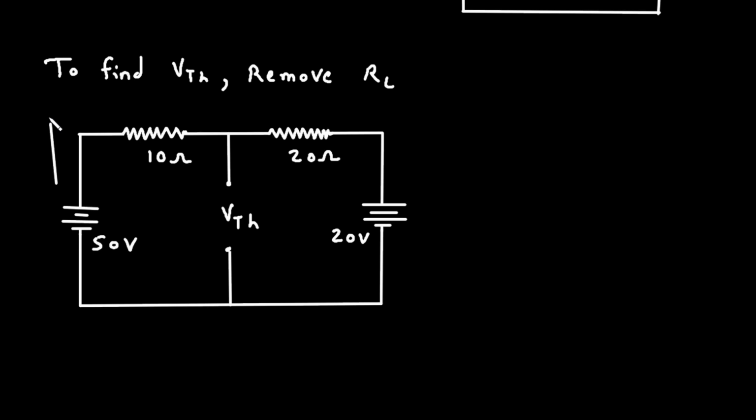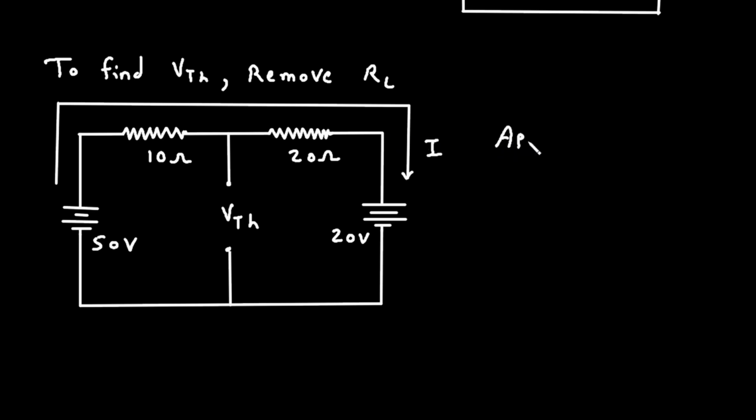First of all, let's find this current. Let's say this is current capital I. So to find this current capital I, we will apply KVL to outer loop. Then we get, let's say we are starting from this point.